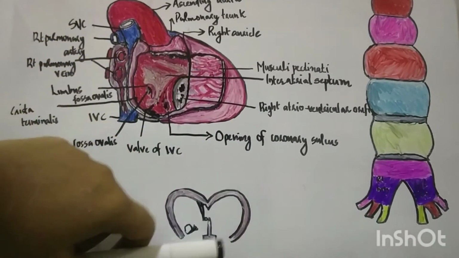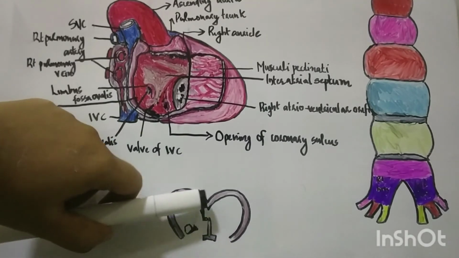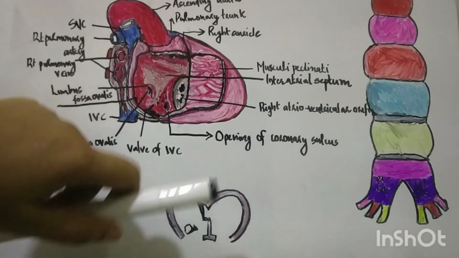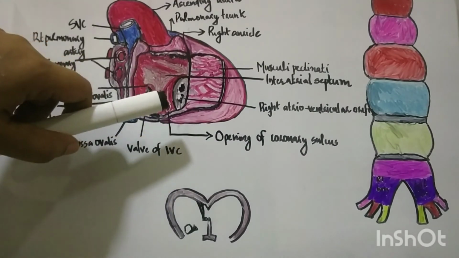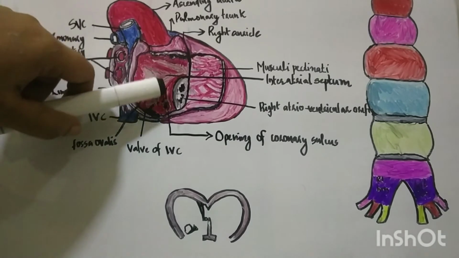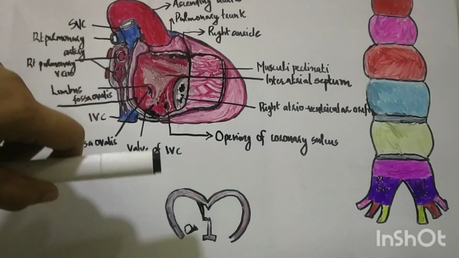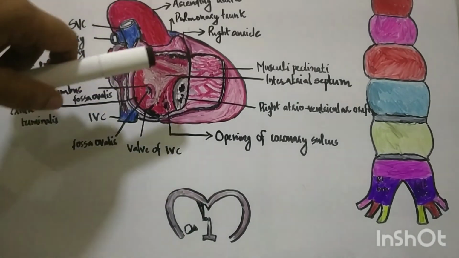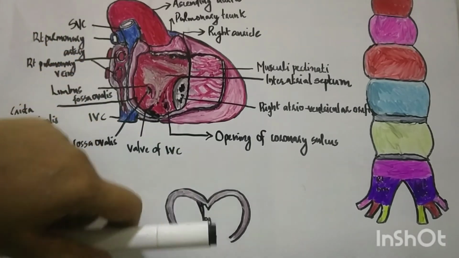In the primitive heart, this is the septum primum and this is the septum secundum, and during the first cry these two fuse. The fossa ovalis indicates the septum primum, and the margin of the fossa ovalis is called the limbus ovalis or the annulus ovalis, and this margin indicates the septum secundum.